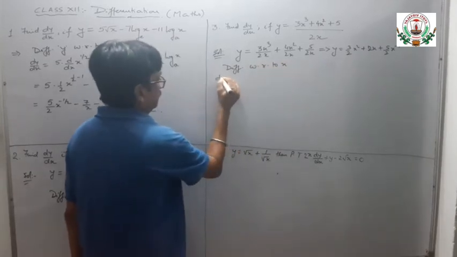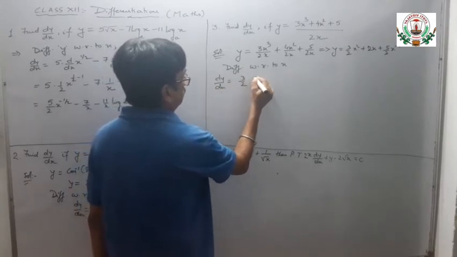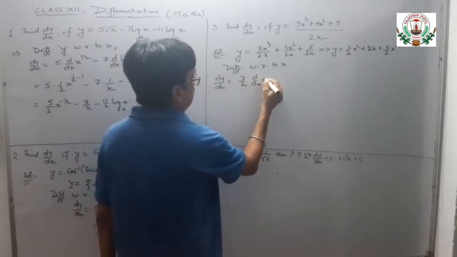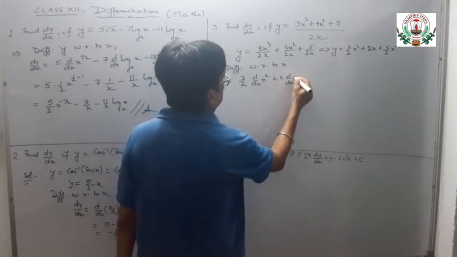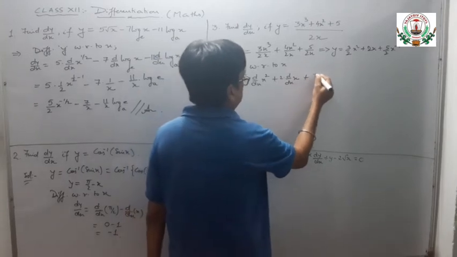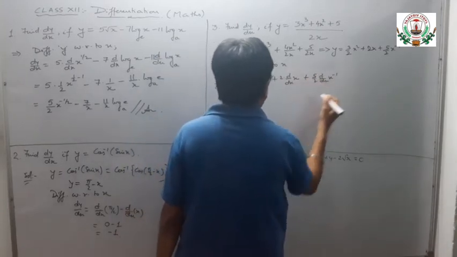So we get dy by dx equals 3 by 2 d by dx of x square plus 2 into d by dx of x plus 5 by 2 d by dx of x to the power minus 1.